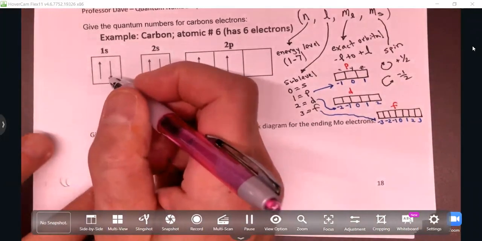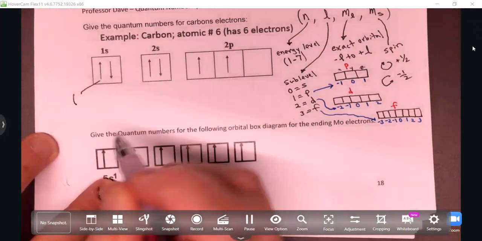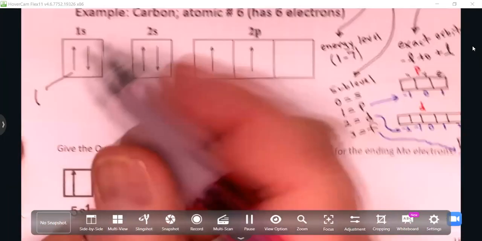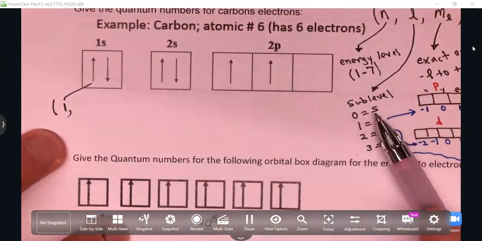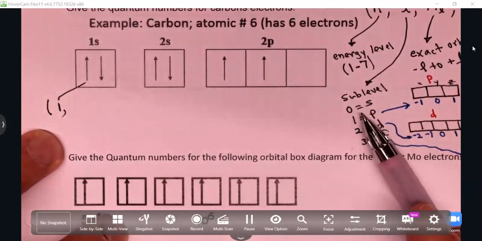So first of all, for this electron right here, what energy level is it in? Energy level 1. The next number, the sublevel, is locked in: 0 for an s, 1 for p, 2 for d, 3 for f. So 0, right?